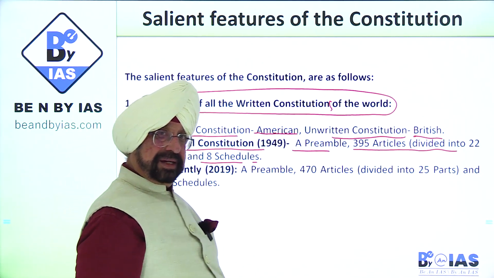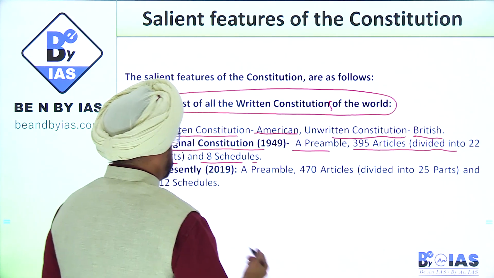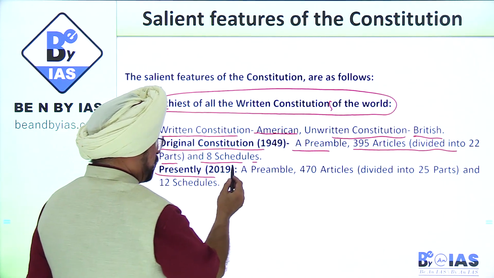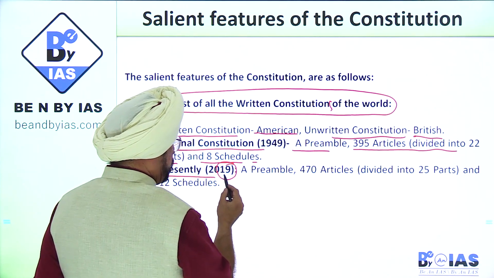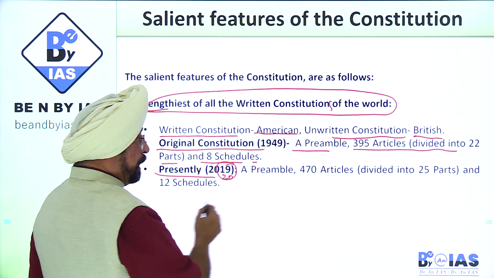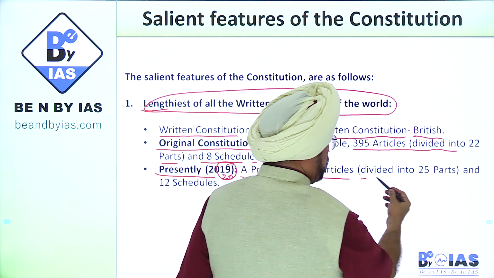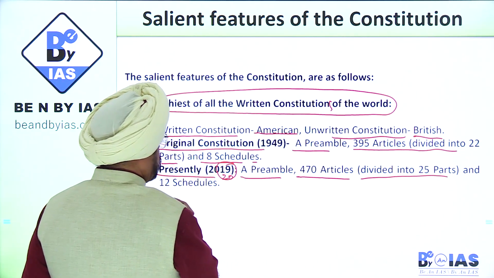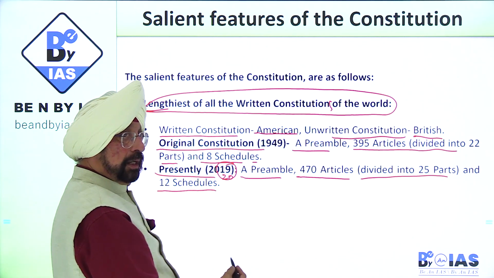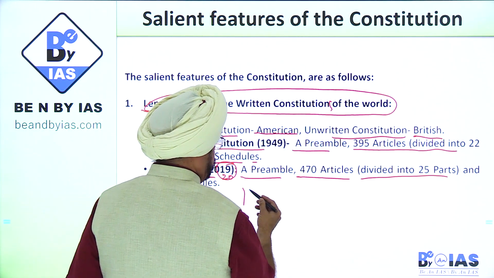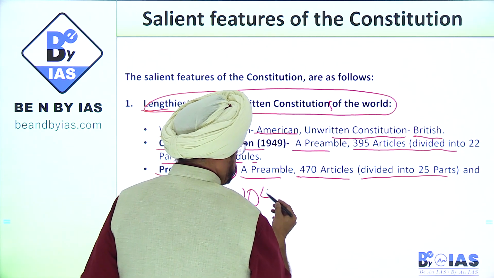Now, in the present form, as of 2020, it has a preamble, 470 articles divided into 25 parts and 12 schedules. And there have been so far 104 amendments.